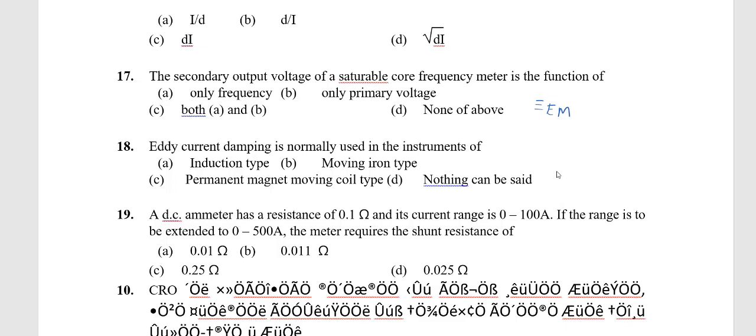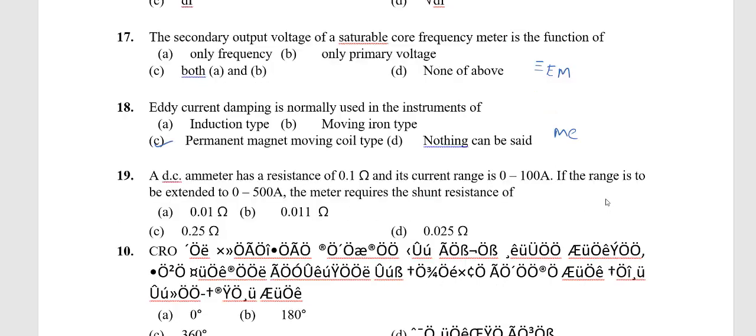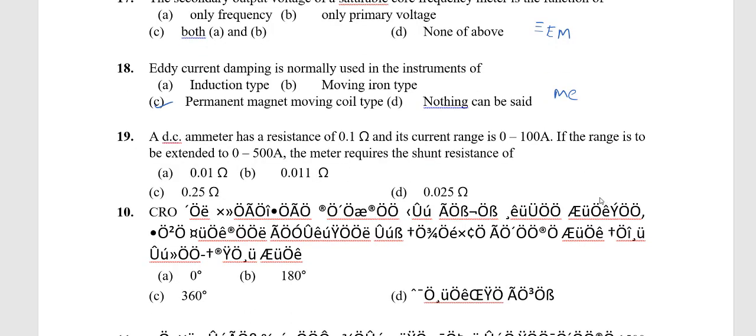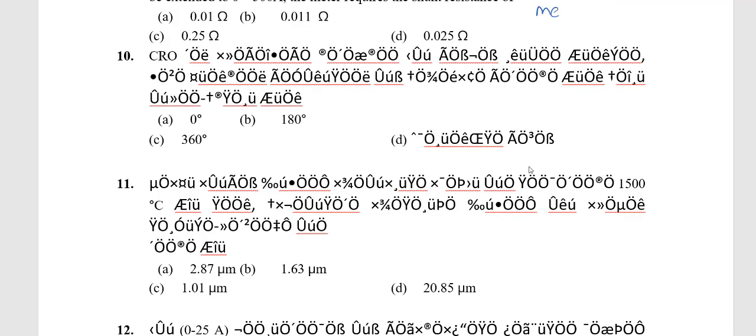Again, this is measurements, because they are talking about damping normally used in the instruments of induction type, moving coil, permanent. Actually the answer is permanent magnet moving coil. The DC ammeter, again this is measurements.